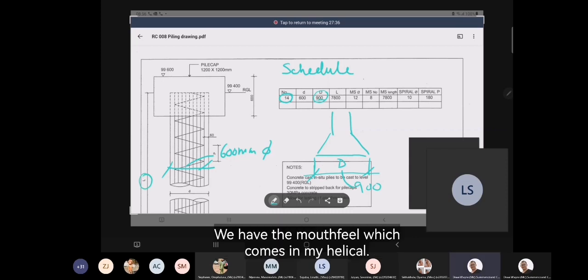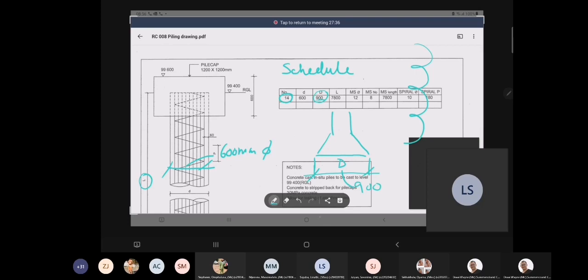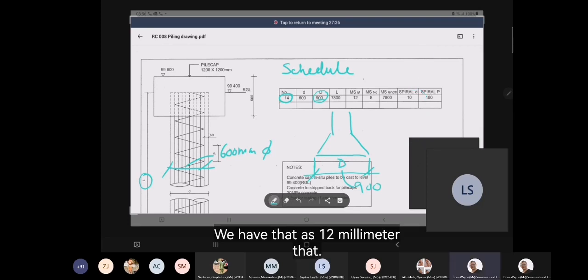We have the mild steel, which comes in my helical. We have that as 12 millimeter diameter.